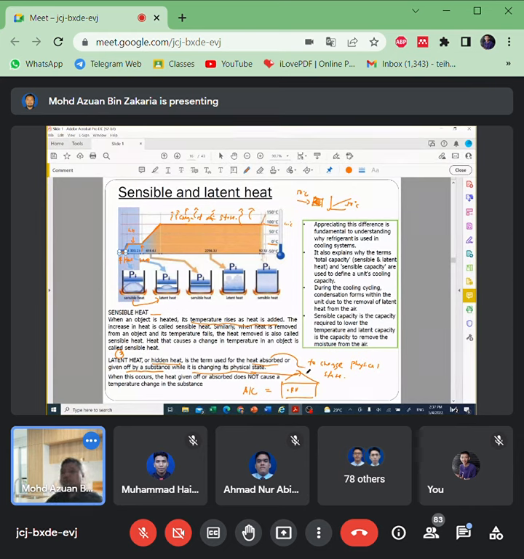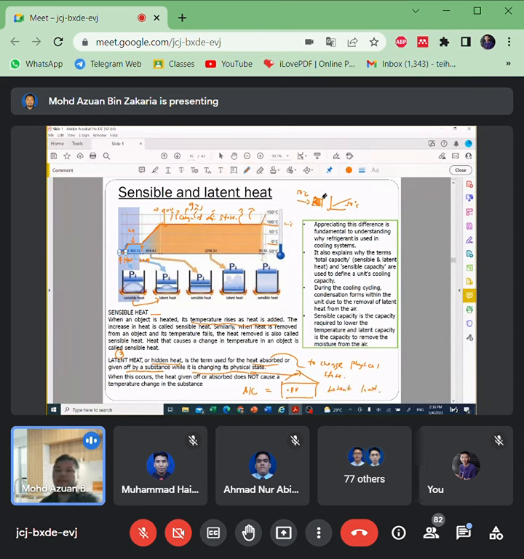So how to remove the humidity? It needs latent heat to change the gas to water. Reverse condition: to reverse from gas to water, we still need latent heat, or latent load. Latent load.